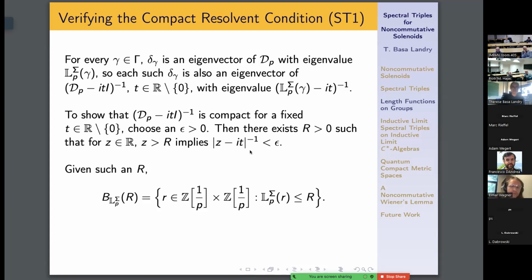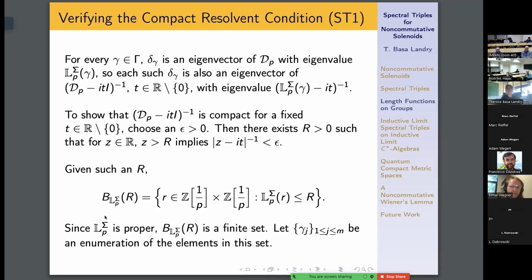Given such an r and our length function, define a ball with respect to this length function and this value of r. This is where the role of being proper comes in. Since the length function is proper, this is going to be a finite set. So this is going to allow us to build our finite rank operators.